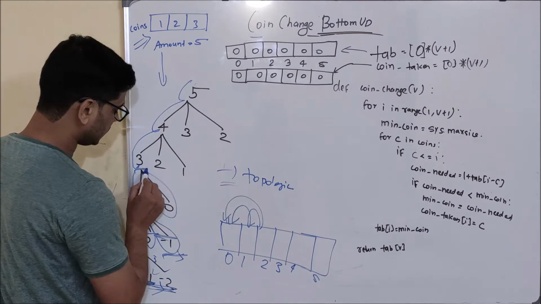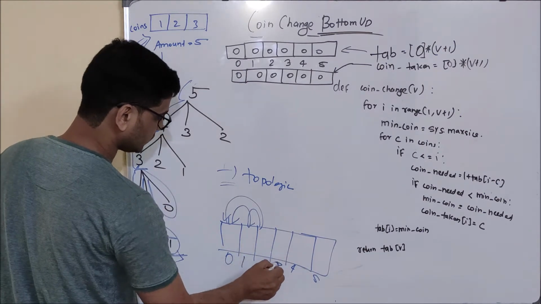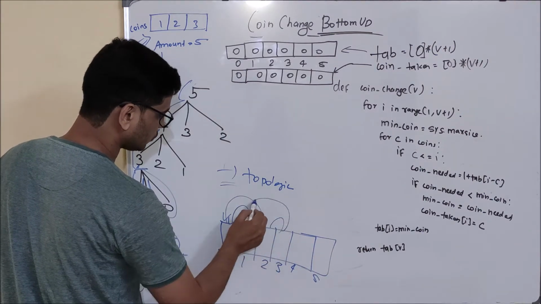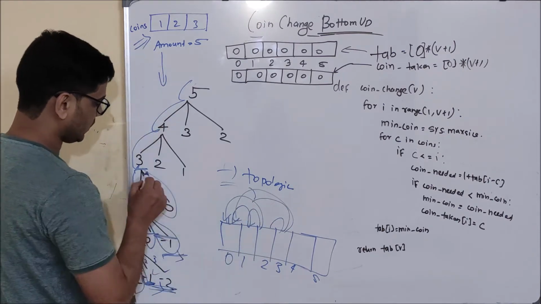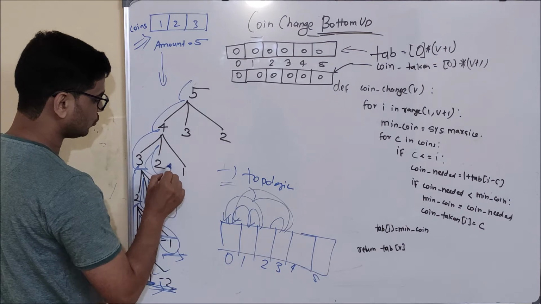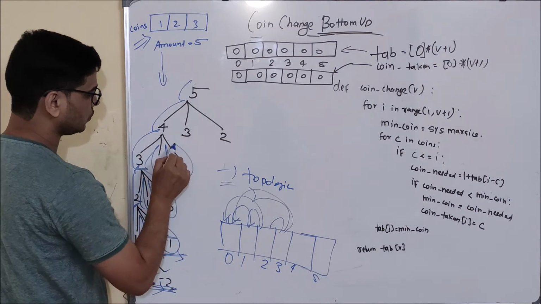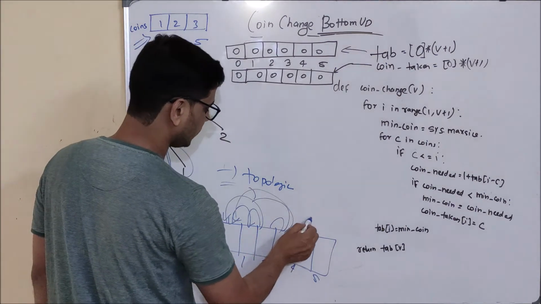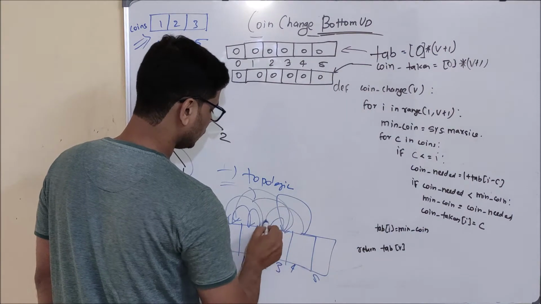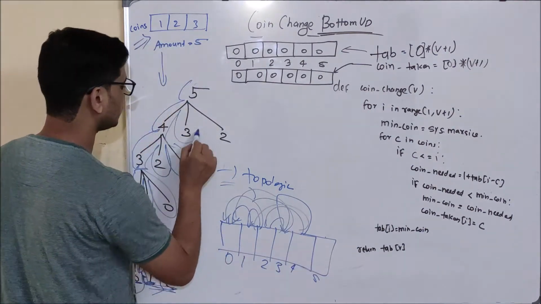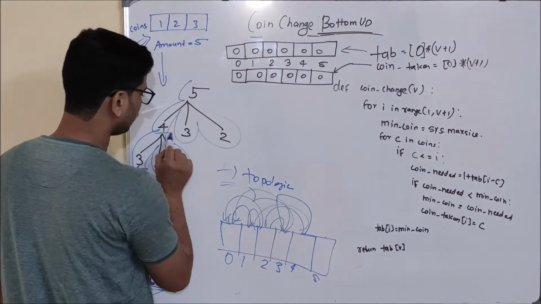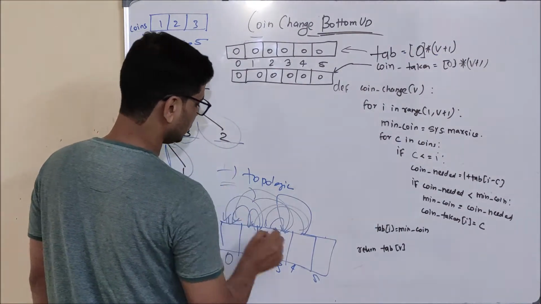Then 2 is returning, and 3 is calling 2, 3 is calling 1 and 3 is calling 0. From these 3 is coming to its answer. Again 3 is returning to 4 and 4 is calling 3, 2 and 1. Similarly 5 is coming to its answer with the help of 4, 3, 2.